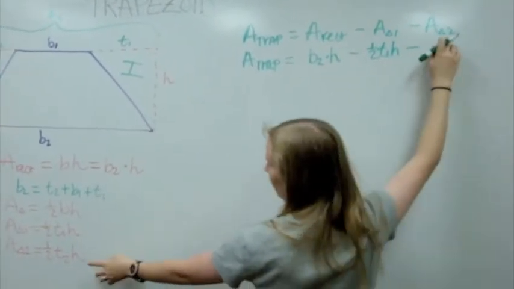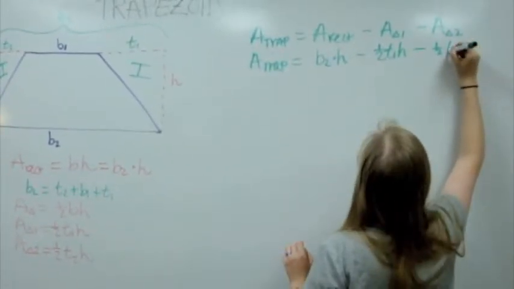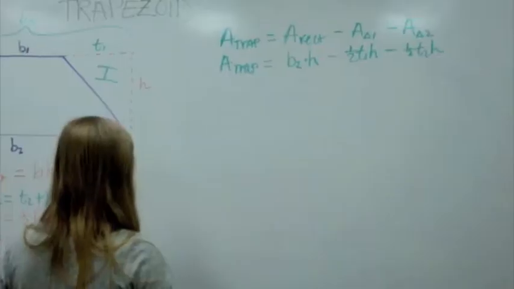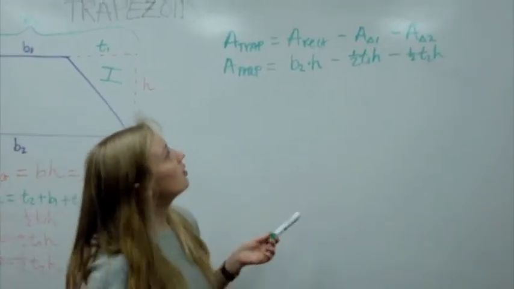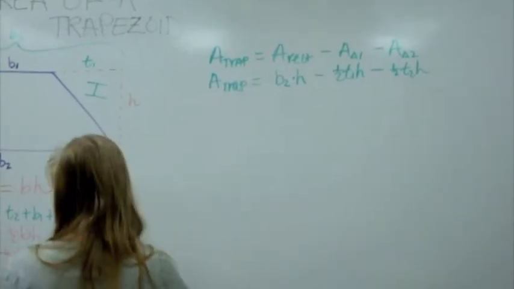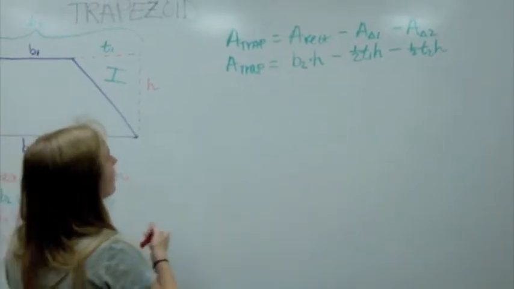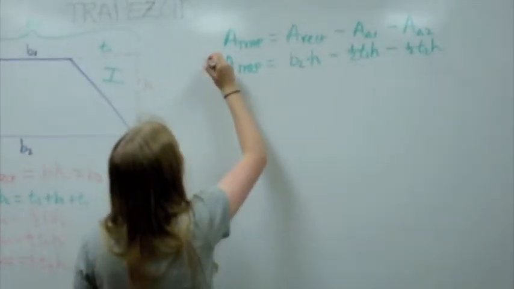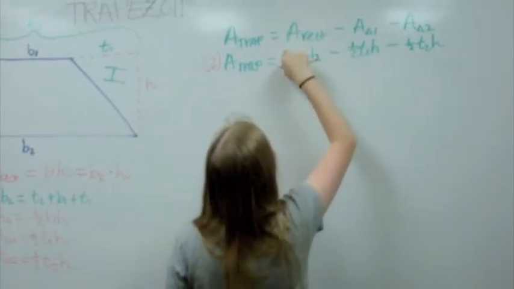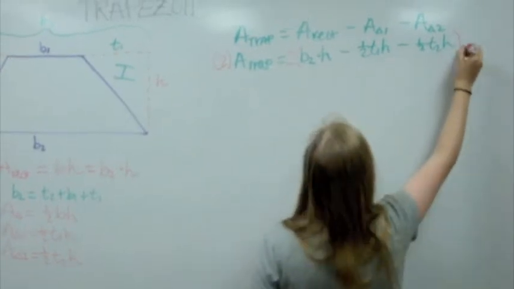And then the area of triangle 2 is 1/2 T2 times the height. Okay, so I don't really want to deal with fractions, so let's get rid of this 1/2 over here. And one way to do that is to multiply each side by 2.